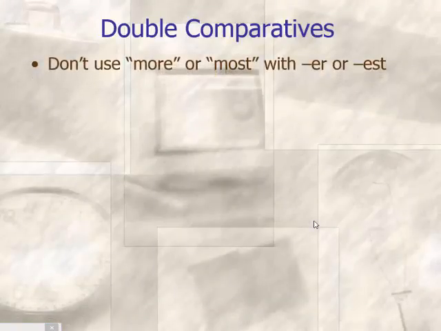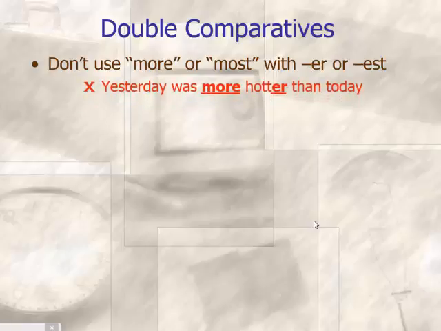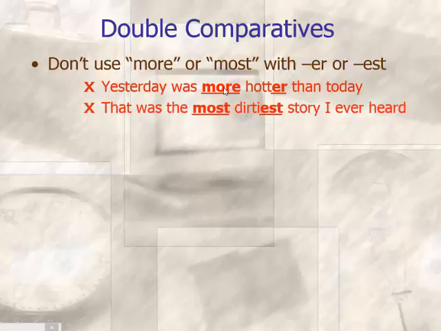Double comparative. Don't use more or most with er or est. This is the other example. Yesterday was more hotter than today. You must delete the more in the sentence. That was the most dirtiest story I ever heard.